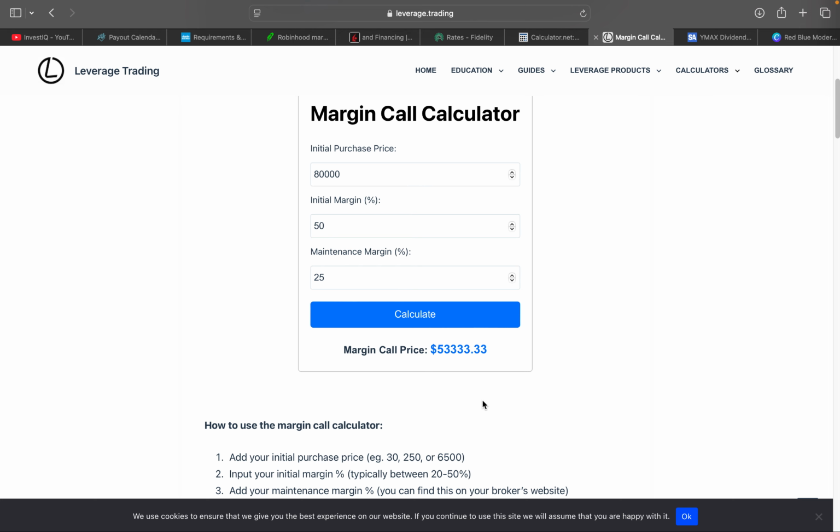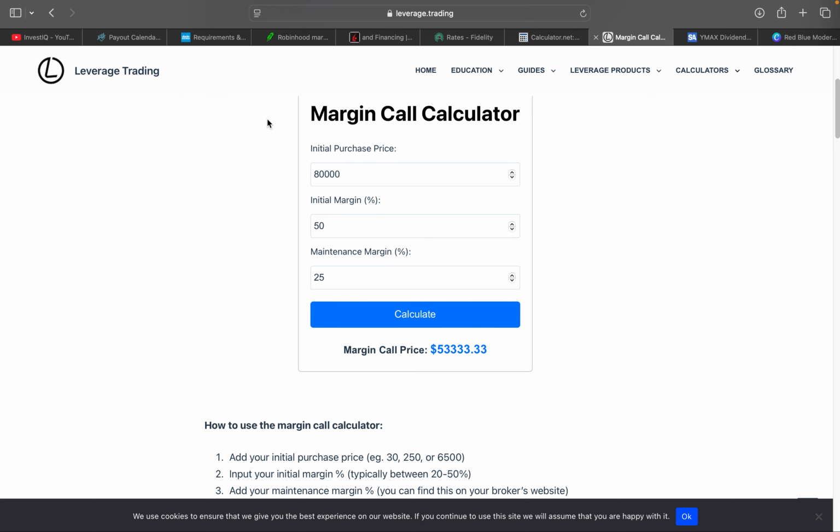So between $80,000 and $53,000, I have that cushion of room to take out as equity. I can easily take out $10,000, $15,000, $20,000 and still have room to operate in the account. That is with 25% margin.